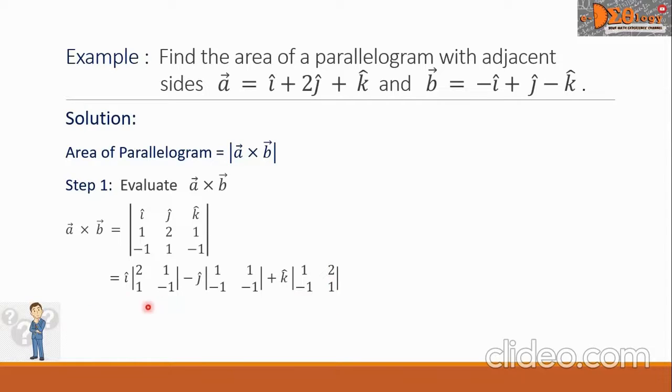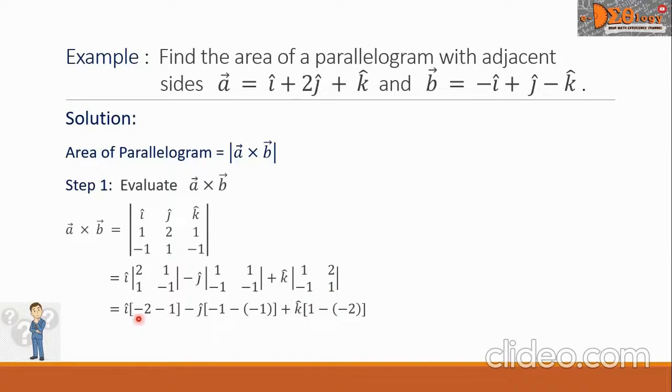Evaluating the determinants, we have now component i times the quantity 2 times negative 1 is negative 2 minus 1 times 1 is 1. Then minus component j times the quantity 1 times negative 1 is negative 1 minus negative 1 times 1 is negative 1 plus component k times the quantity 1 times 1 is 1 minus negative 1 times 2 is negative 2.